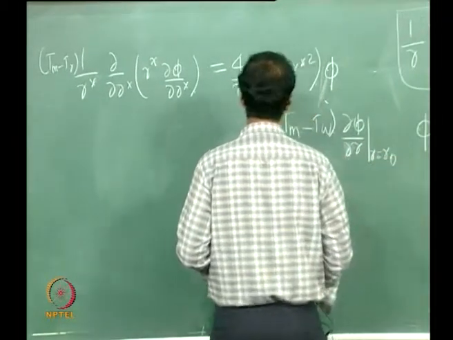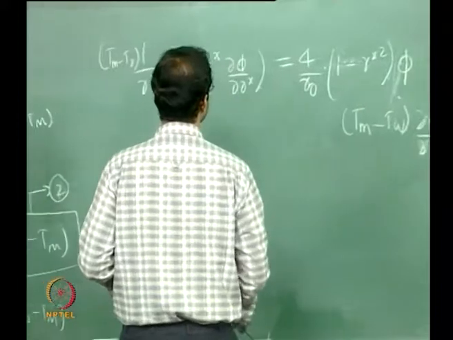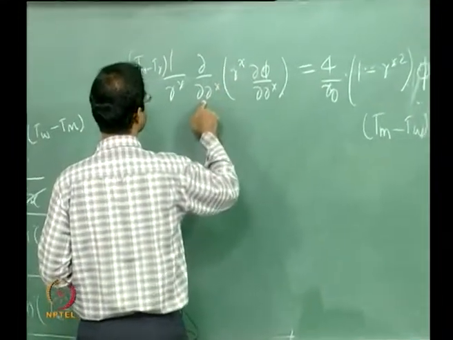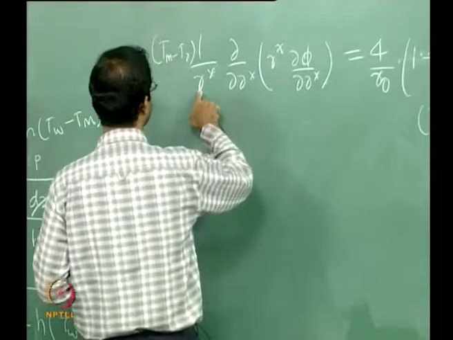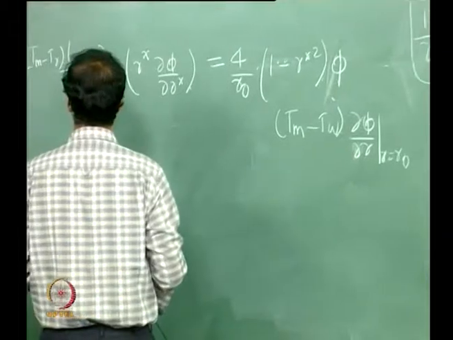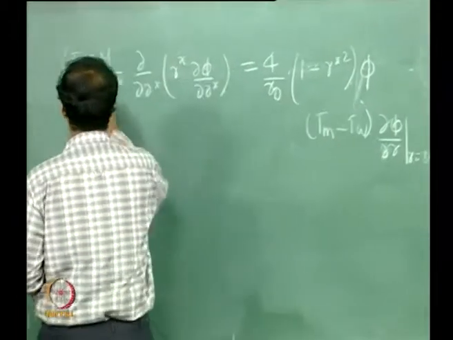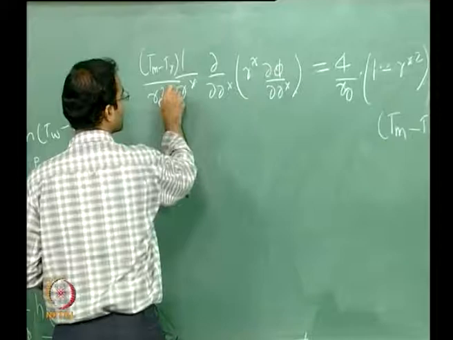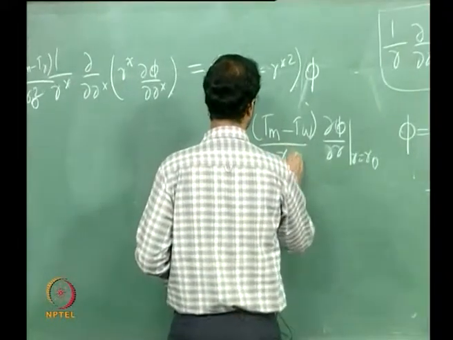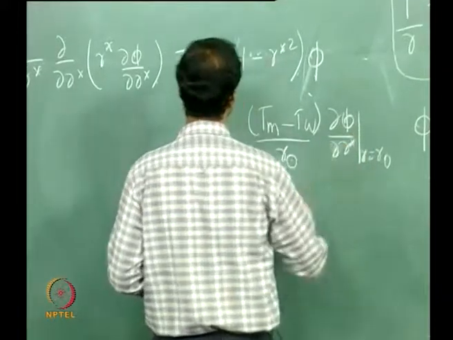So now I have r, this cancels here, so I have r naught into r naught square, divided by r naught square here, and here I can have again r naught, which I can write as r star.